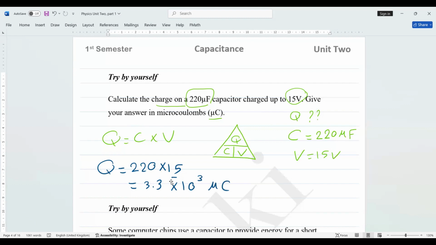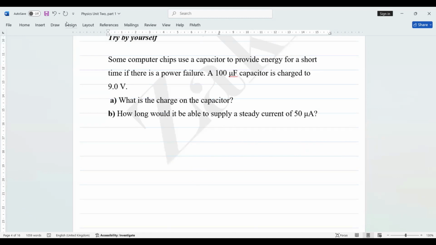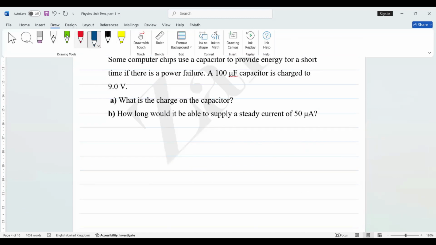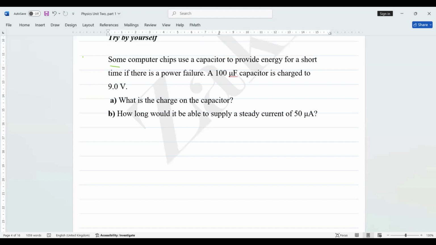Now, try to solve the next question. First of all, we read the question. Some computer chips use a capacitor to provide energy for a short time if there is a power failure. A 100 microfarad capacitor, then we have here the capacitance.